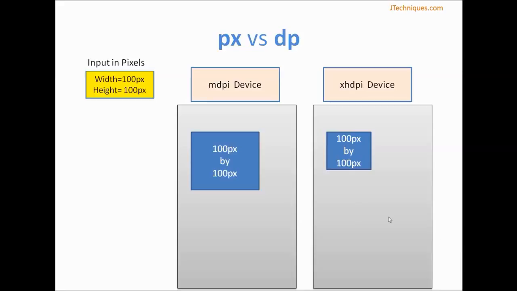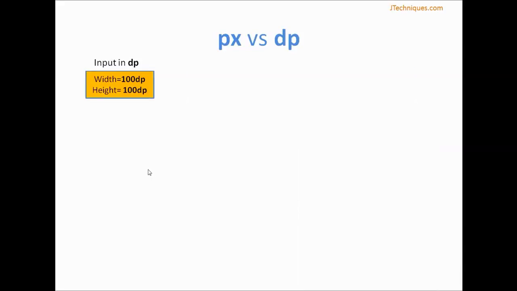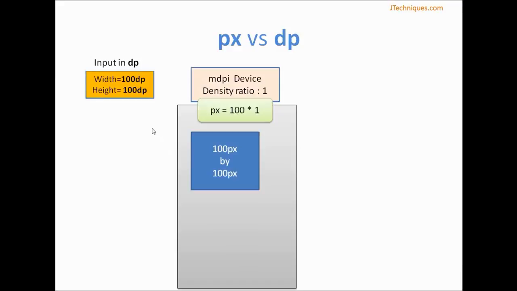On the other hand, if you use DP as a unit to specify height and width on a normal device, that's a normal density, Android will calculate the pixels by multiplying our DP into density ratio. For normal device, the MDPI device, the density ratio is 1, so pixel is 100 into 1, that is 100 pixels.